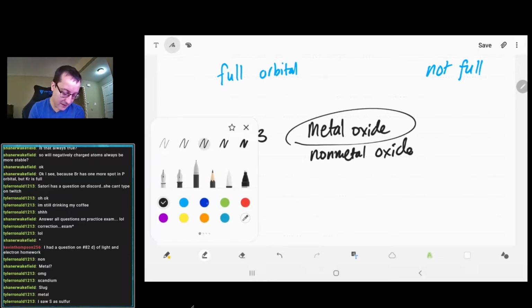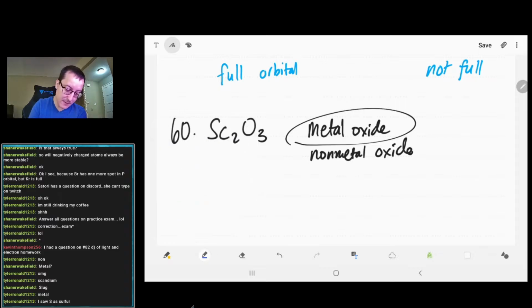And so from that, we know that metal oxides are basic. We just will need to learn that. So if it's basic, that means it's going to react with what? Is it going to react with acids or with bases?